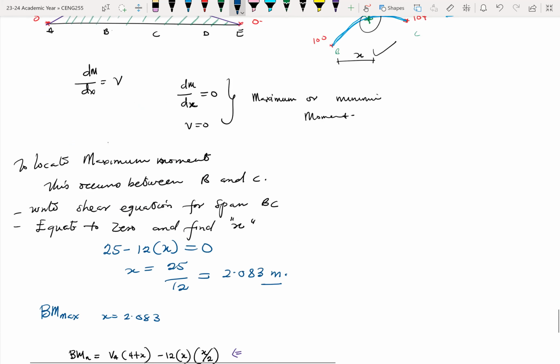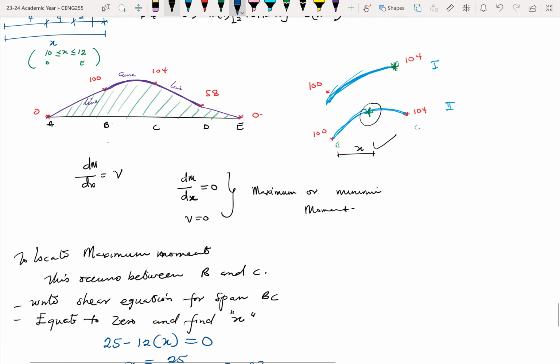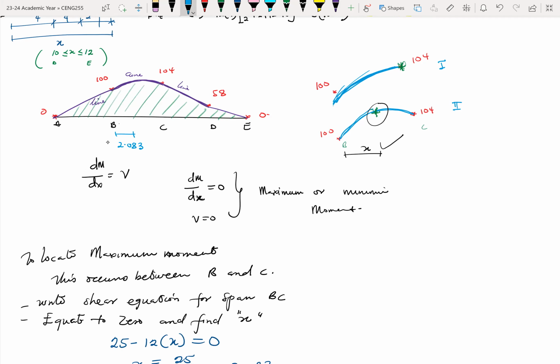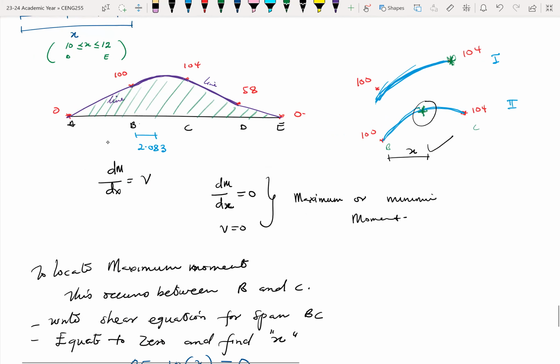So what it means is that at some distance, 2.083 meters from B, we have the maximum somewhere here.